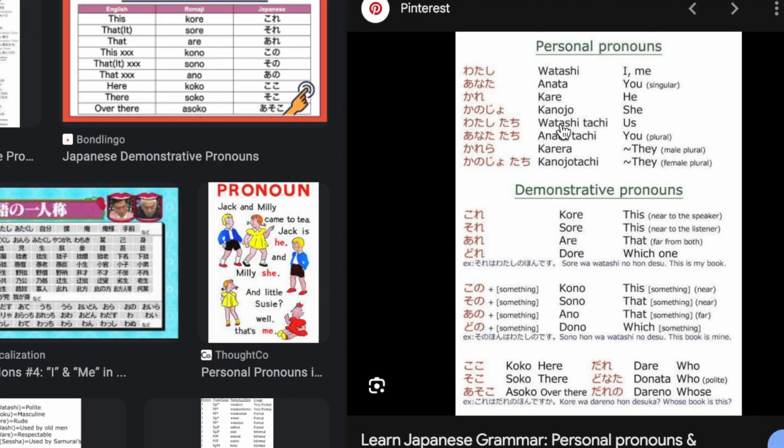Okay, so watashi, anata, kare, kanojo, watashi tachi, anata tachi, karera, kanojo tachi. Okay, so kare becomes karera. They. 彼らは Karera wa.